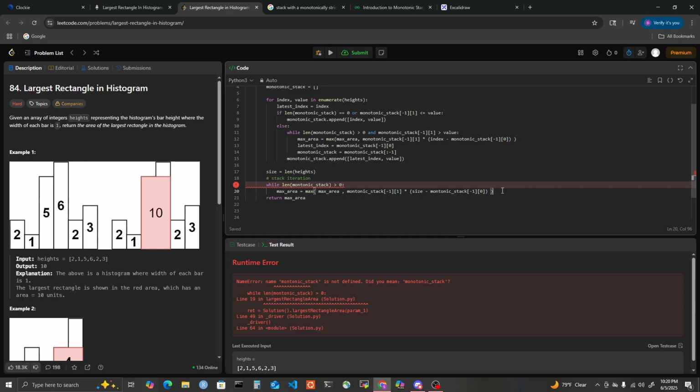Infinite loop because I didn't delete from it.